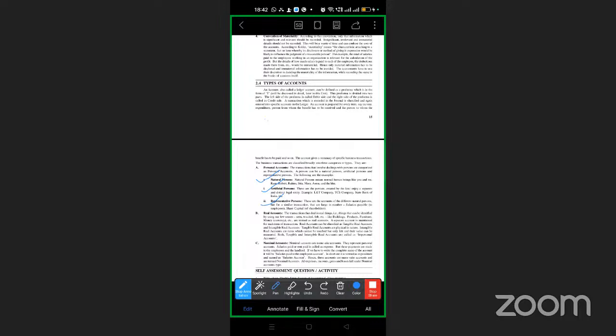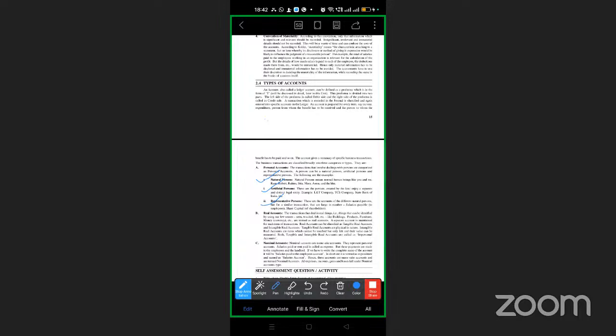Artificial person means bank names, company names, any institution name. Next, we have representative persons, where we have salaries payable, which has not yet been paid. That we will take here.